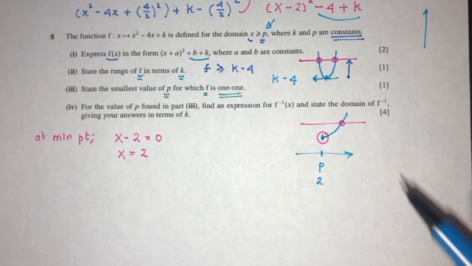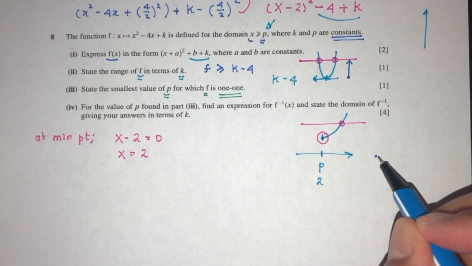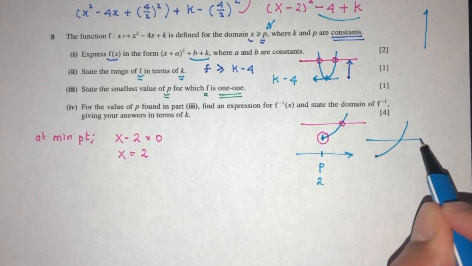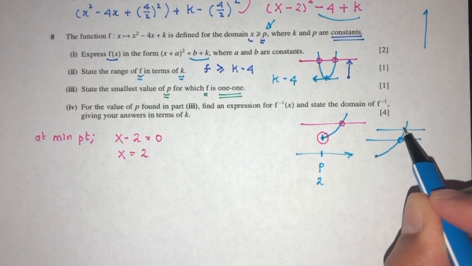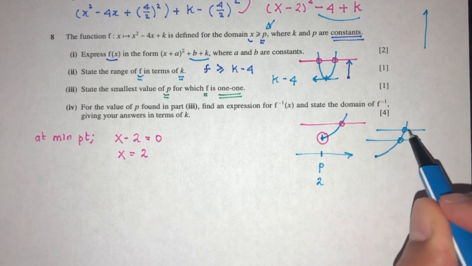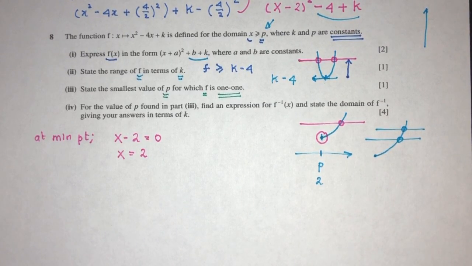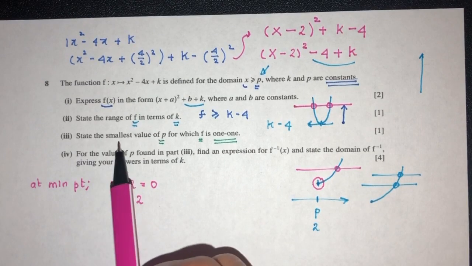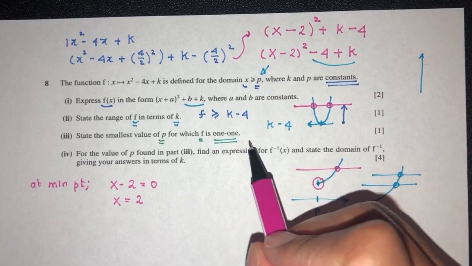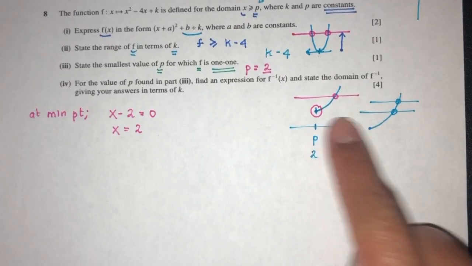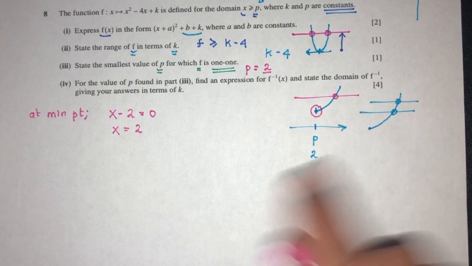Now, as you can see, when x is more than or equal to 2, our function will be a one-to-one function. Because when you draw a horizontal line, we have only 1 point of intersection. So by understanding the drawing, by understanding what's happening, we can understand that the smallest value of p can be the value of 2, so that we can have a one-to-one function, right?